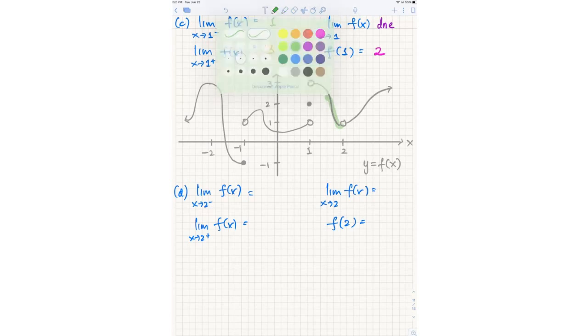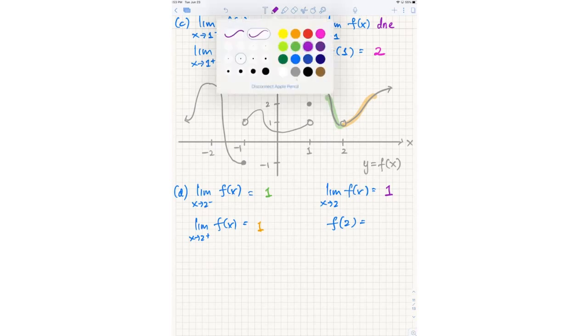What is the right limit? More people saying 1. Good. We only care about that right piece. Overall limit? 1. Good, right? Because they're all the same. So this is just equal to 1. And then f of 2 does not exist, right?